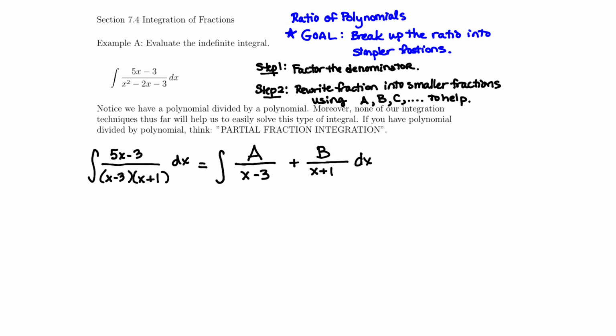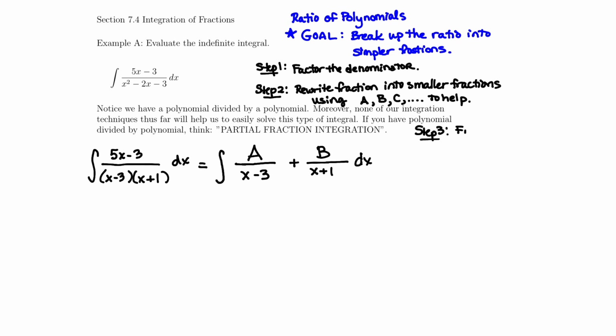I'm looking for A and B so that when I add these up together, I get this. That's it. So that's step 2, rewrite as two smaller fractions. And step 3, of course, is to find A and B.